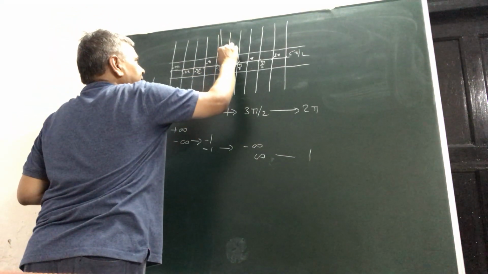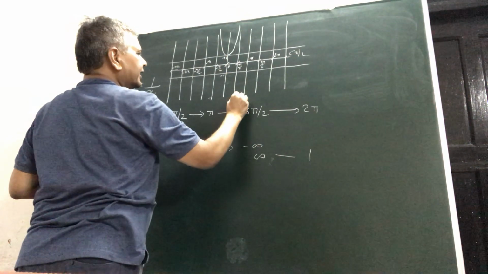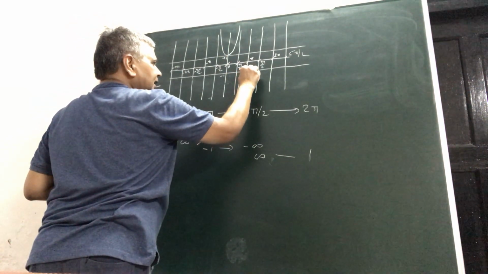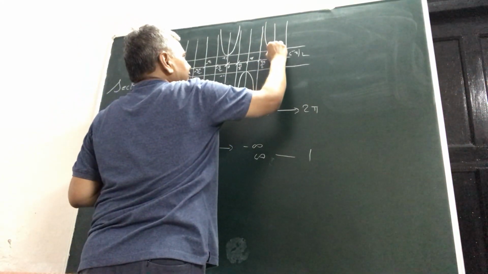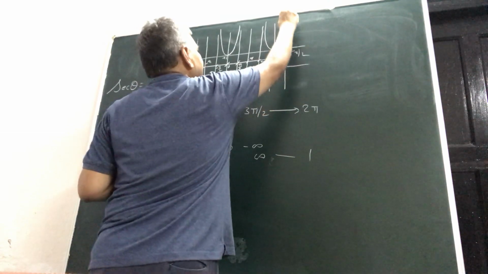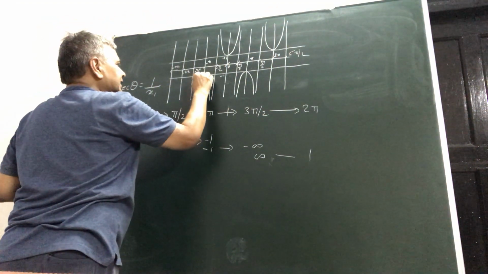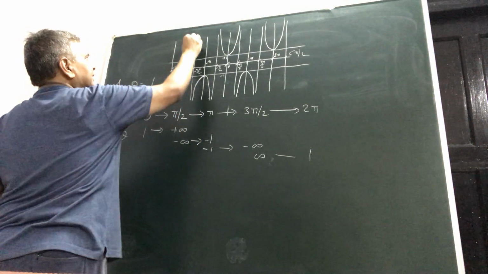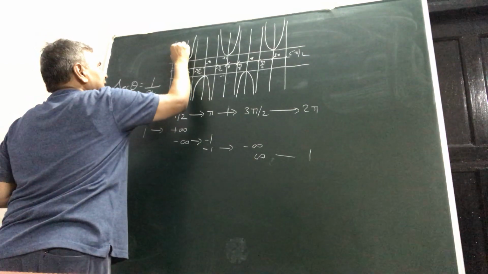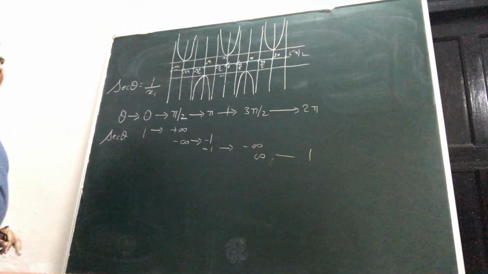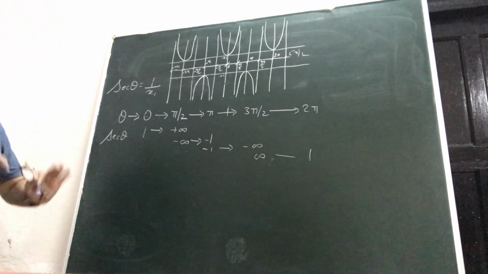And then alternatively you draw upwards, downwards, and on the inner side do the same thing like this. And this will be the curve of cosec theta. Now let us match it.